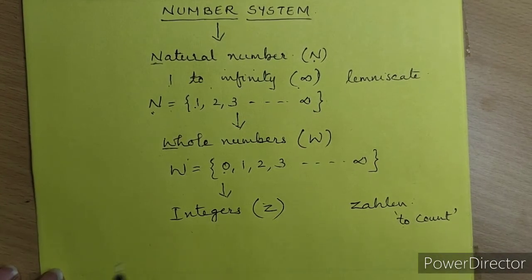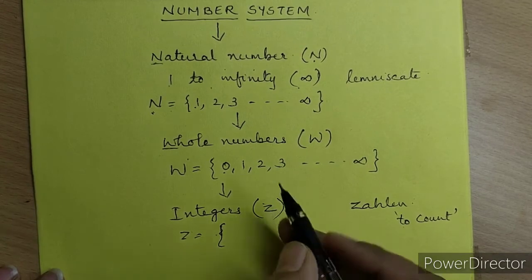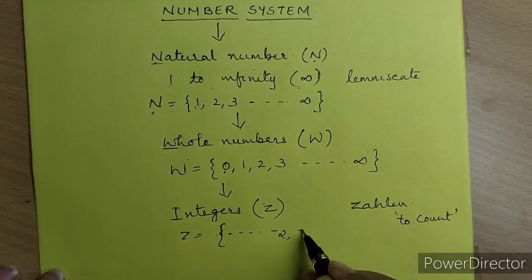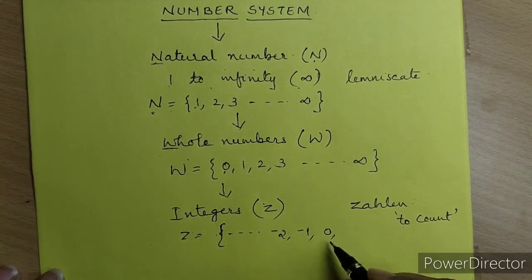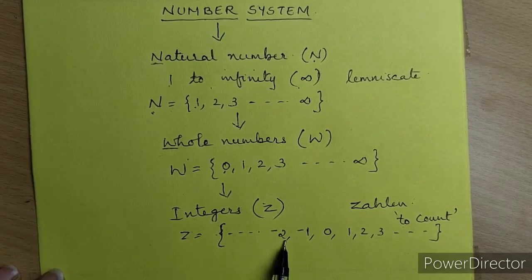Now integers means set Z is equal to all the negative numbers, 0 and positive numbers. So negative 2, negative 1, then 0, 1, 2, 3, etc. It continues. So all the negative numbers, 0 and positive numbers make up the integers.